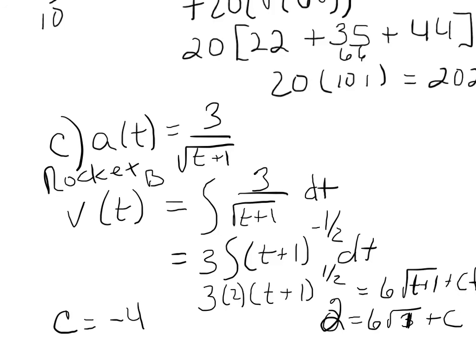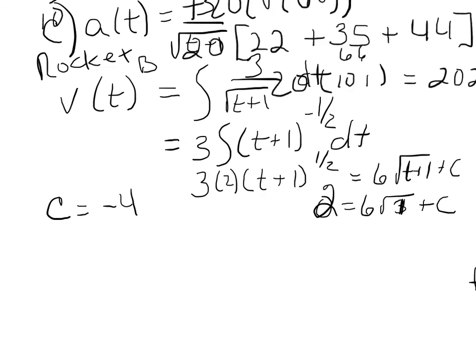So our velocity function is 6 square roots of t plus 1 minus 4. And this is for rocket B. It asks us to find which is traveling faster at time equal 80 seconds. Do I even worry about the initial height? Do I need that information? You do not.